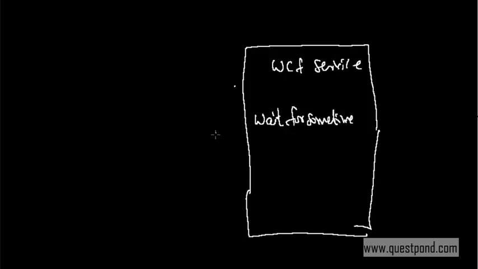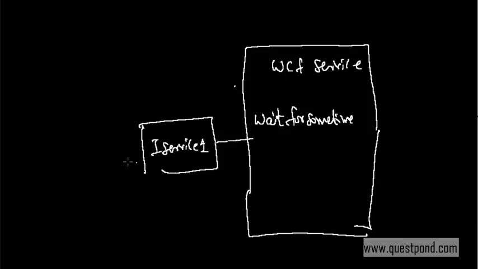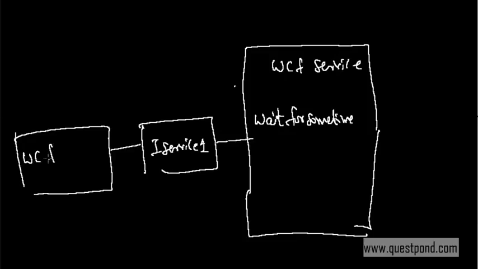And this function we had exposed via an interface, iService1 interface. The WCF client was consuming this service via iService1, and the operation contract of iService1 was marked with IsOneWay as true.